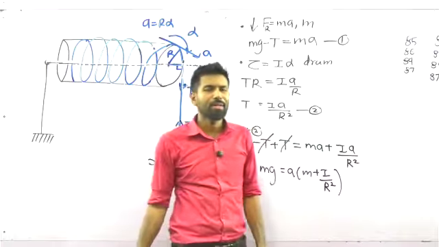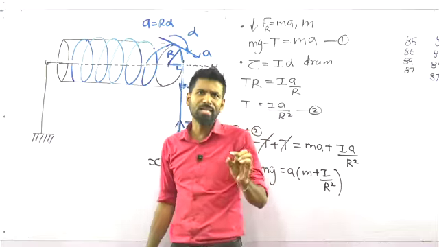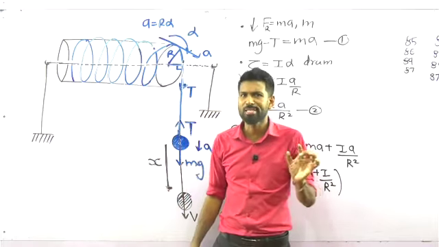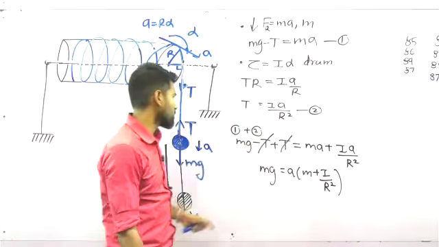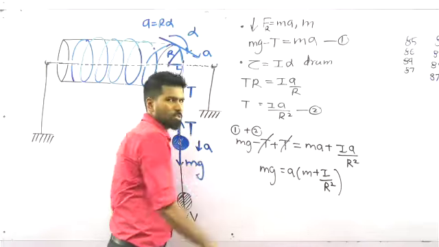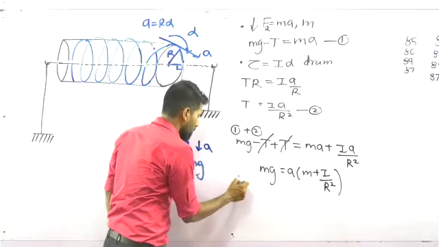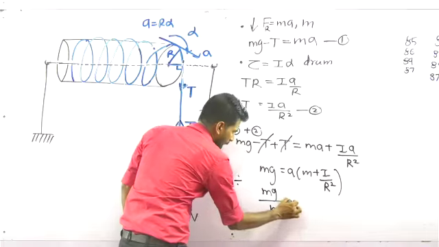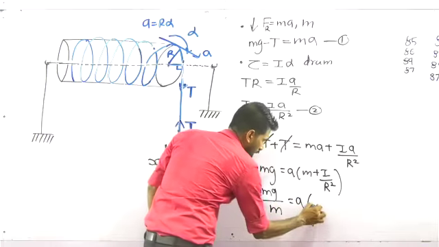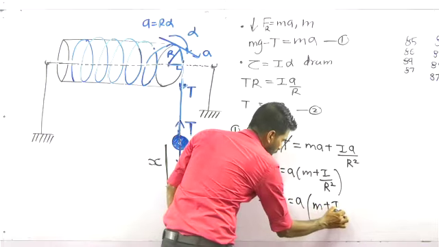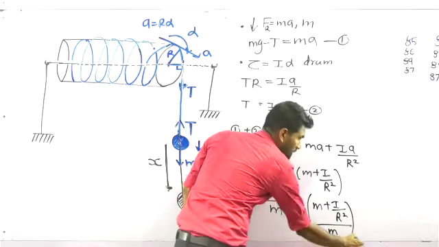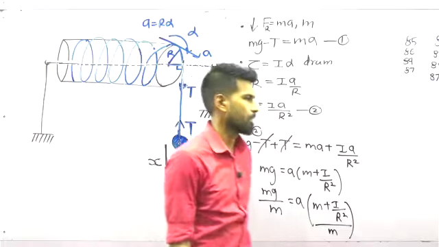By looking at the answer, I can see an m r square value, so I thought of dividing all the parts by m.